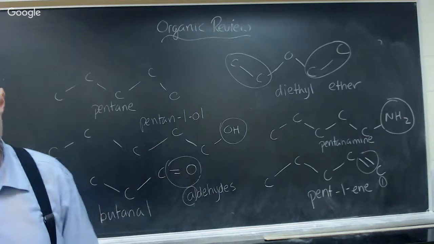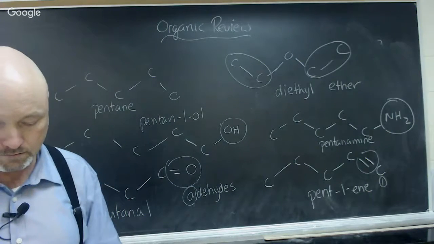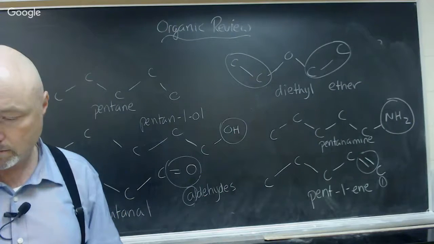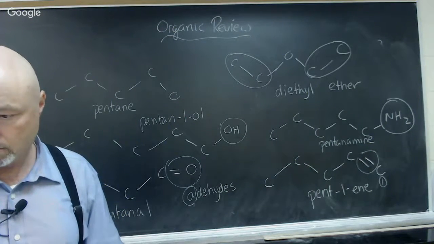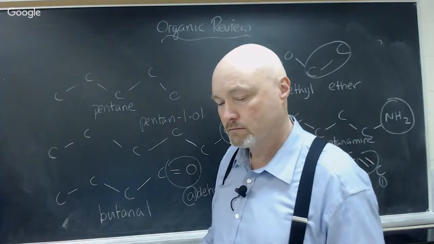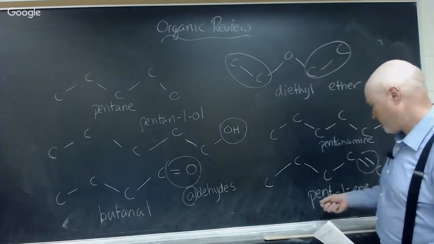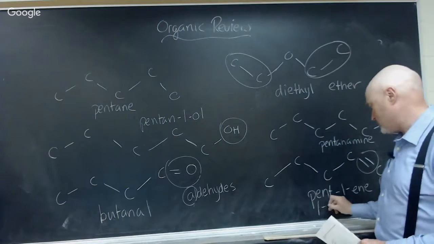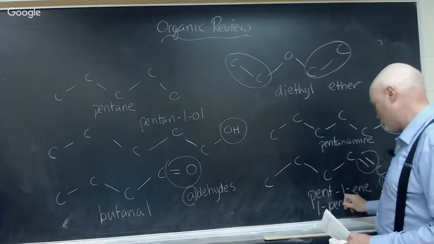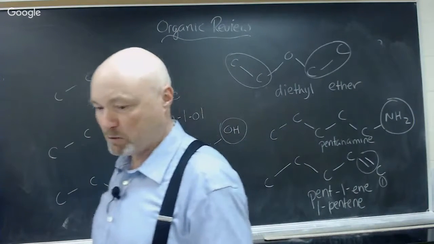So when it's pentene, would it be 1 dash pentene if I was to write it without the 1 in the middle? That's right. You would just go 1 dash pentene. Also acceptable.